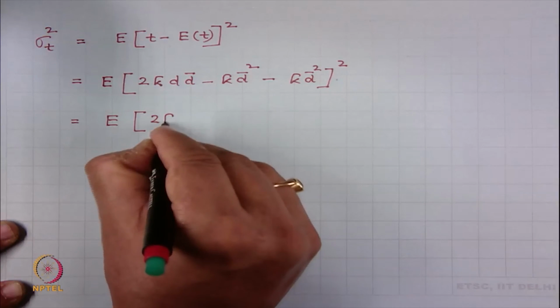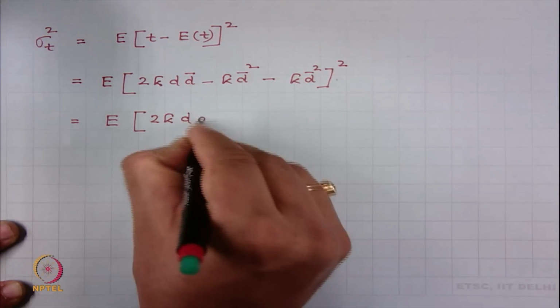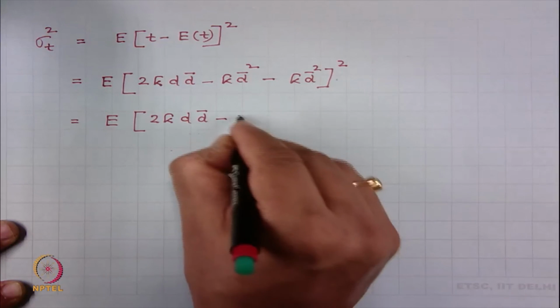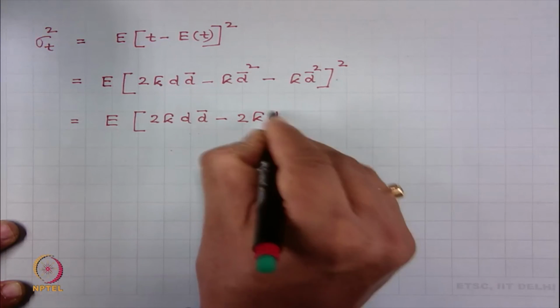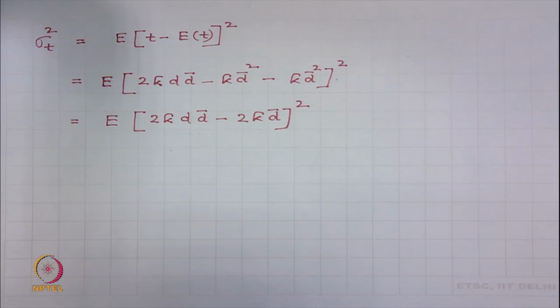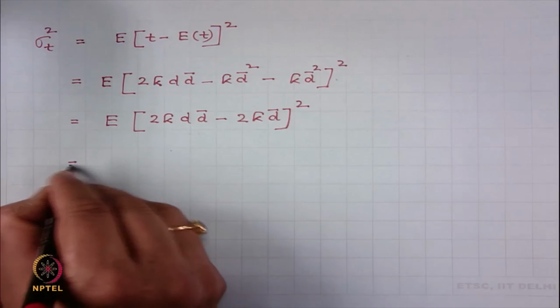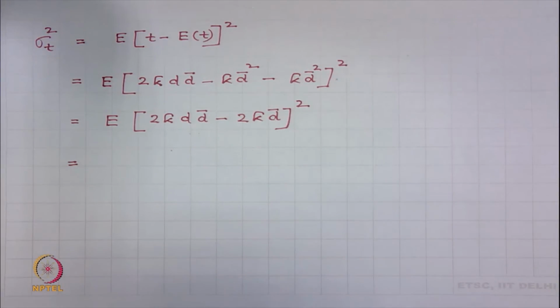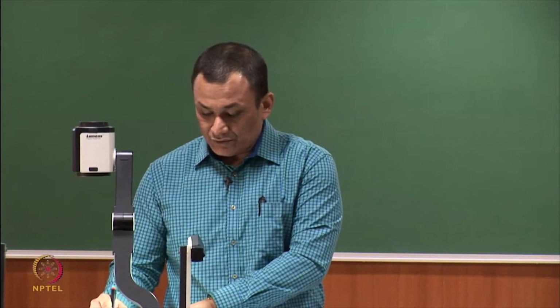So, what we obtained? Expectation of 2 k d d bar minus 2 k d bar square. So, here 2 k d bar is constant.